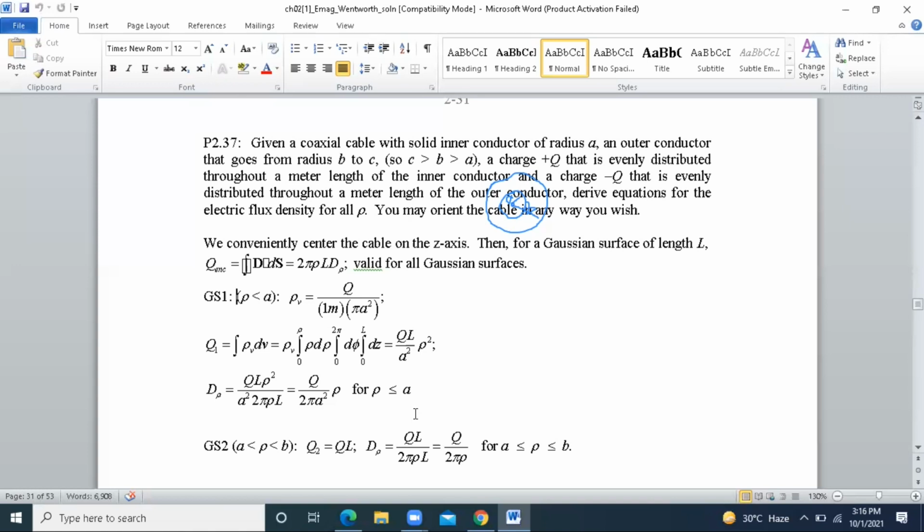So what does D rho stand for there? That's the flux density.